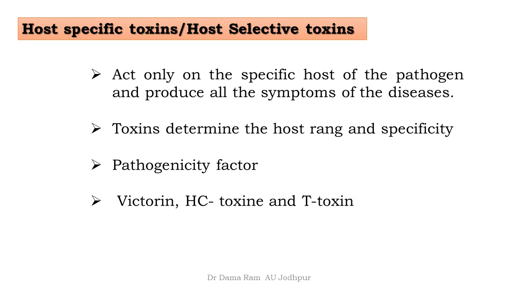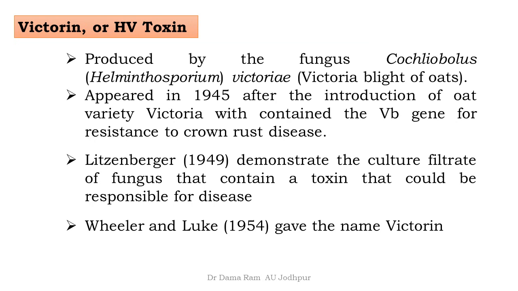Examples are victorin, AM toxin and T toxin. Victorin is produced by the fungus Cochliobolus victoriae, earlier called Helminthosporium victoriae, which causes Victoria blight of oat.